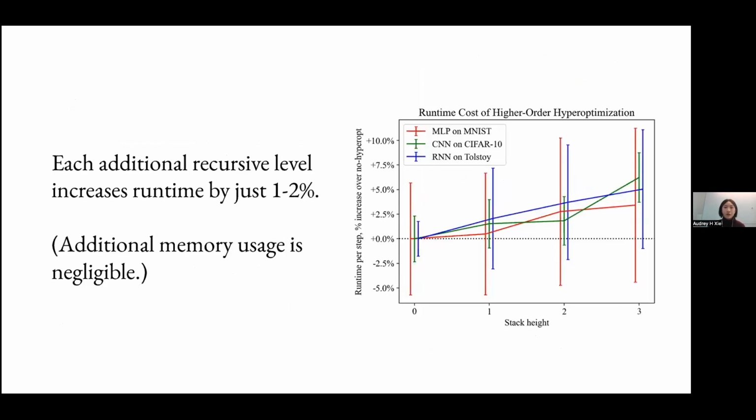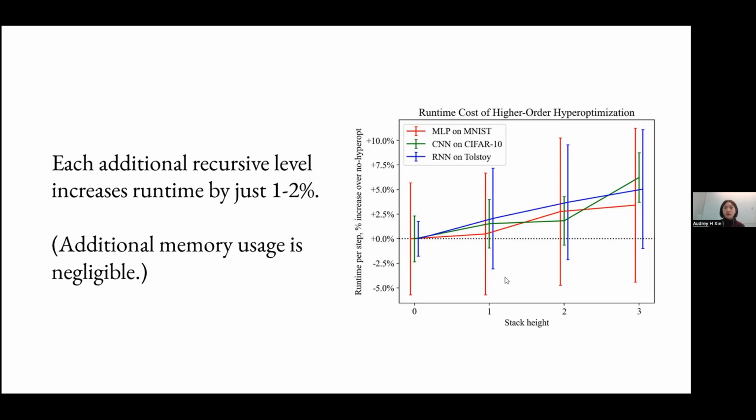And then recall from the very beginning, the first slide, how we wanted something that was both simple and lightweight. We saw that this implementation is simple because you can implement a completely new hyperoptimizer within minutes, but it's also lightweight because each additional level of hyperoptimizer increases the runtime linearly by 1 to 2%.